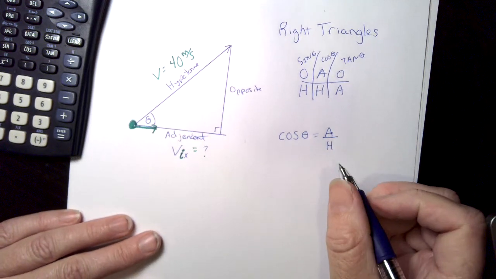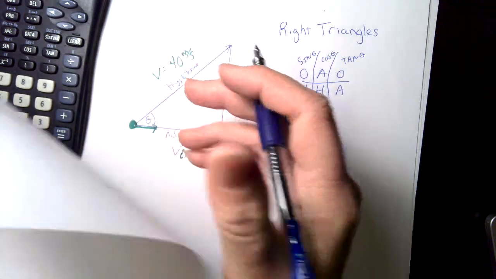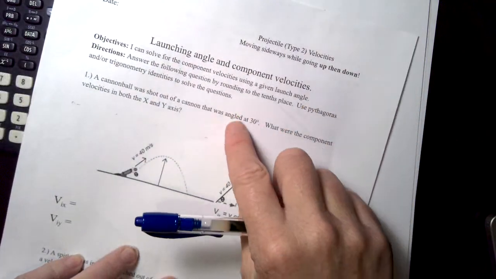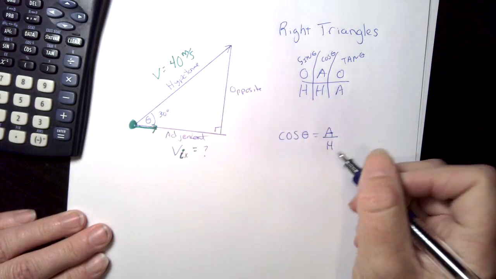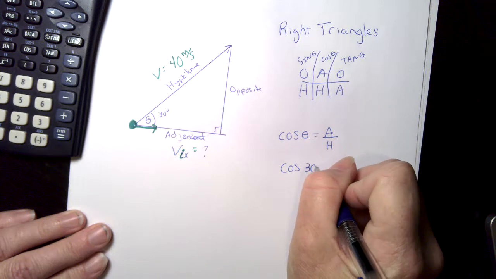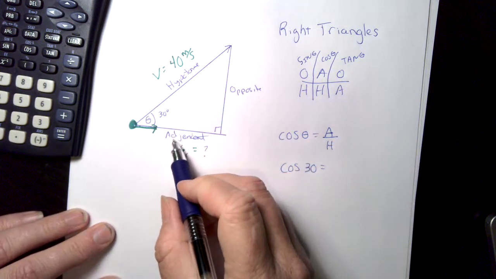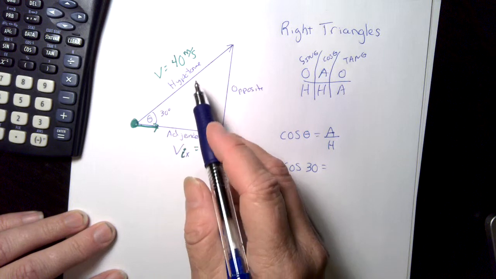Let's plug in what we know and what we don't know. We were told that this angle was, according to the sheet, 30 degrees. So I can plug that in: cosine 30 degrees. Now I have the adjacent, and I don't know what that is, but it is going to be the component of that.